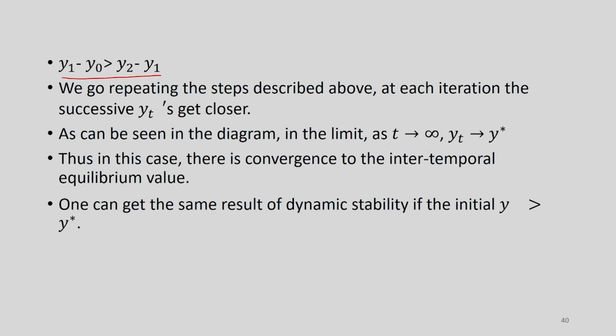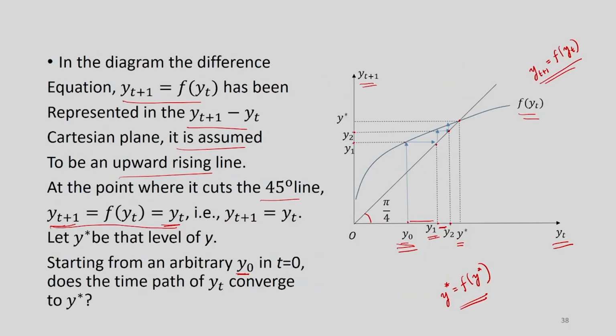We go on repeating the steps described above. At each iteration, the successive yt's get closer. That means the gap between two successive y's keeps on declining. As can be seen in the diagram, in the limit as t goes to infinity, yt goes to y star. Alright. So, this is how it is happening.